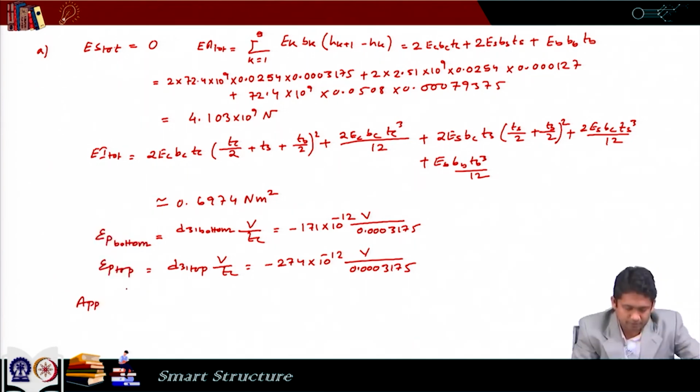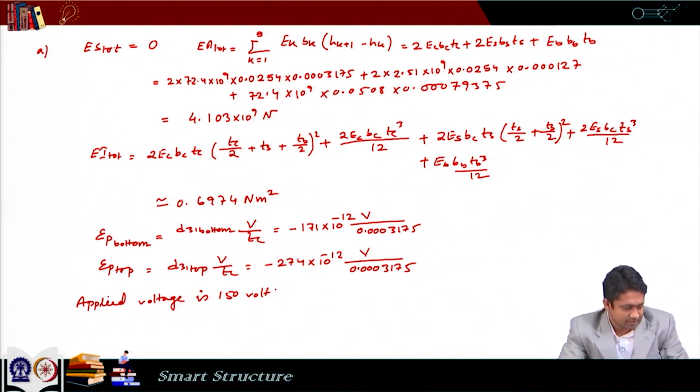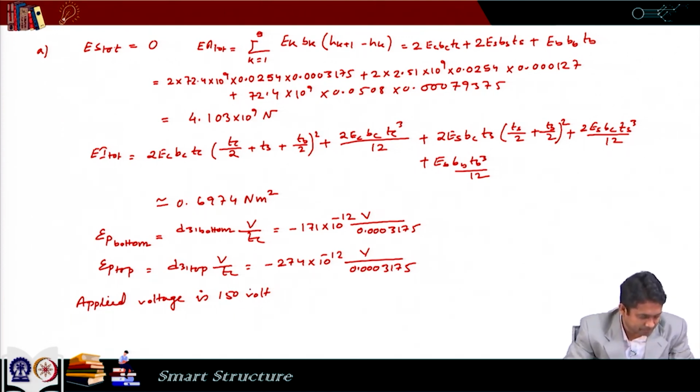150 volt. So, when the applied voltage is 150 volt, the force Fp is, as we know, EC BC TC multiplied by epsilon P1 plus epsilon P2.